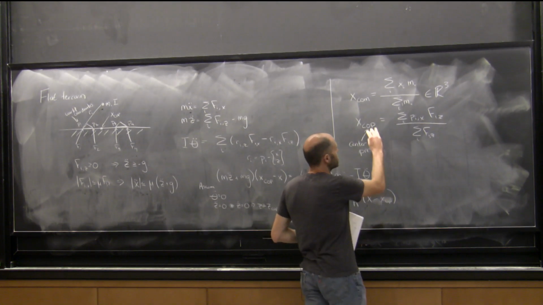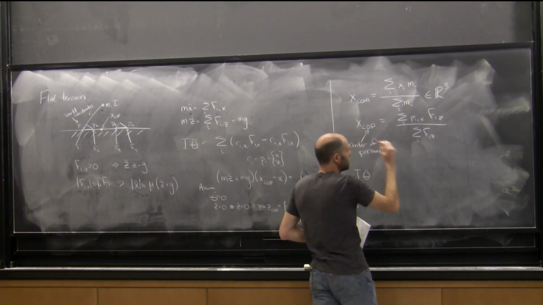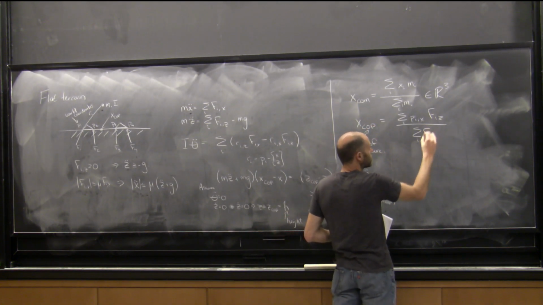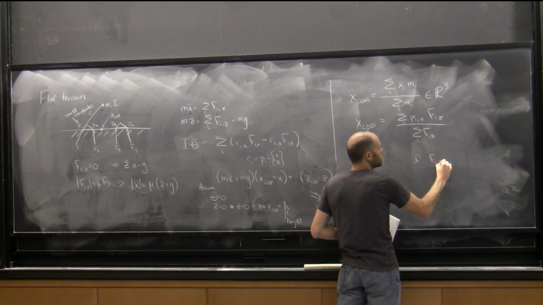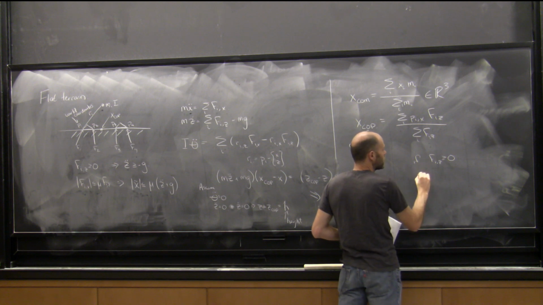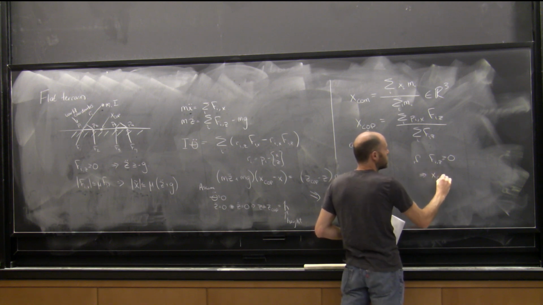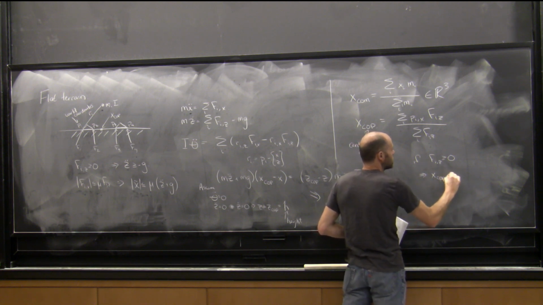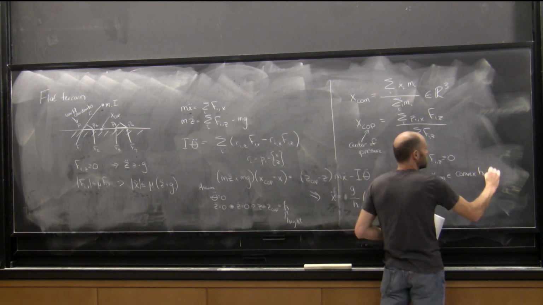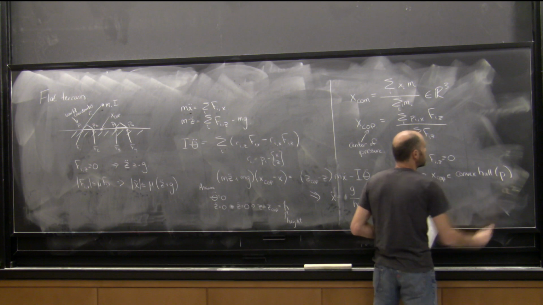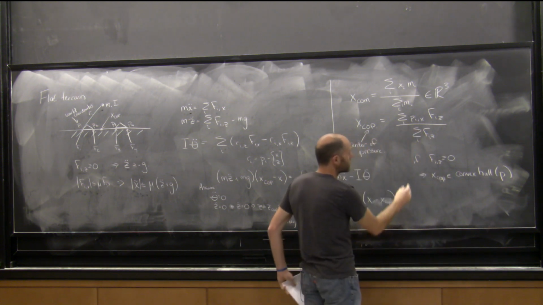But if I look at this x center of pressure, since my forces are always greater than 0, that implies x_COP is inside the convex hull of the positions. How do I see that?